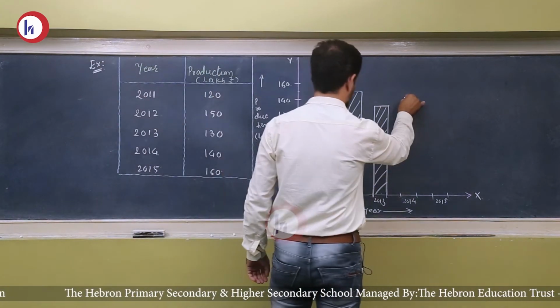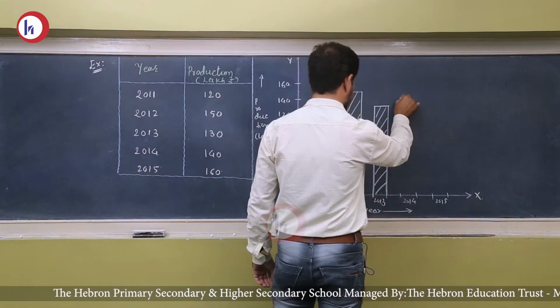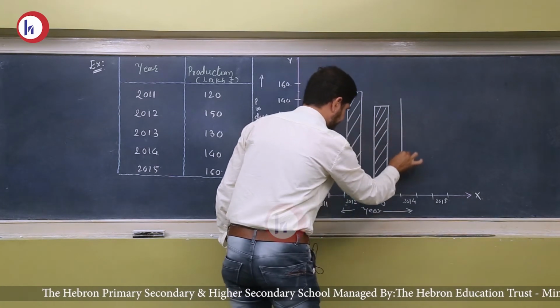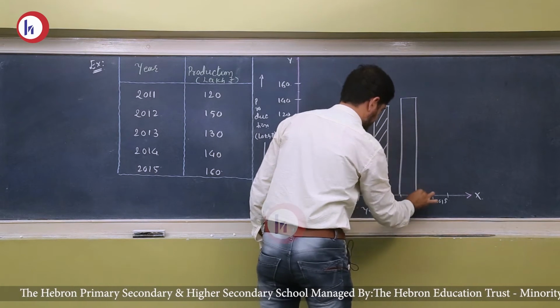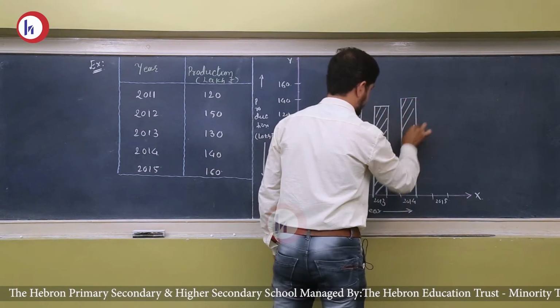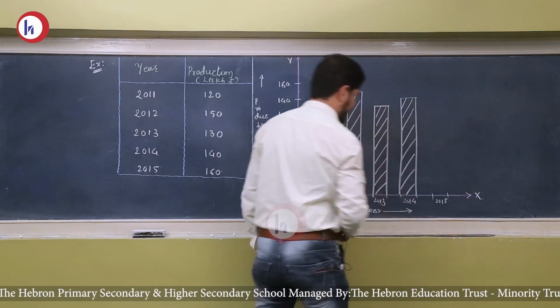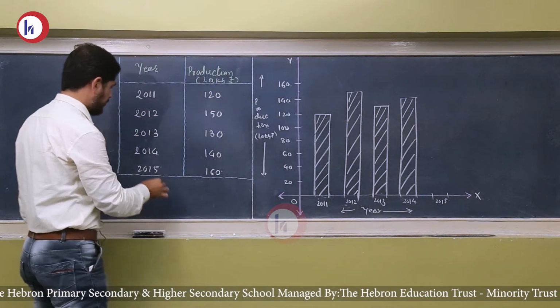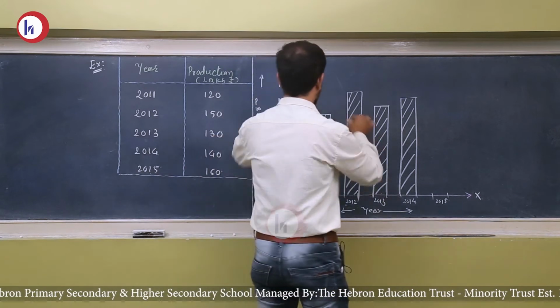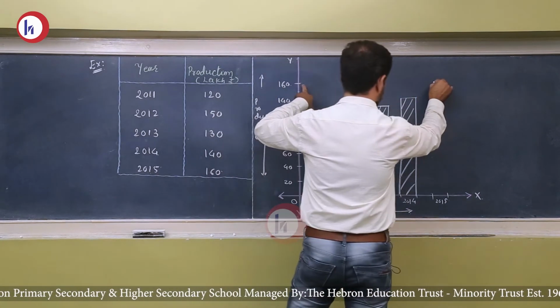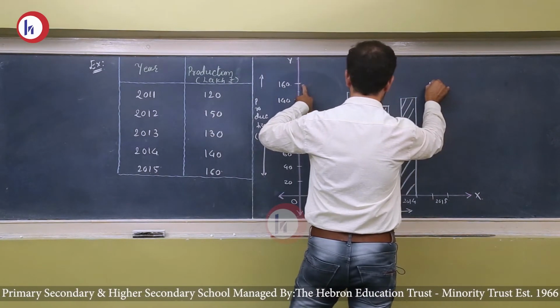The number is there, 140. And finally, in 2015, the production is 160 lakh. That is the highest number, 160 lakh.